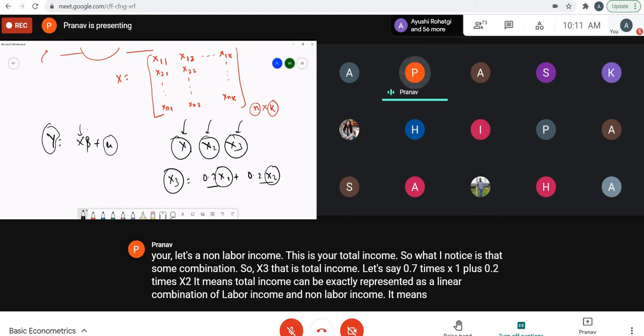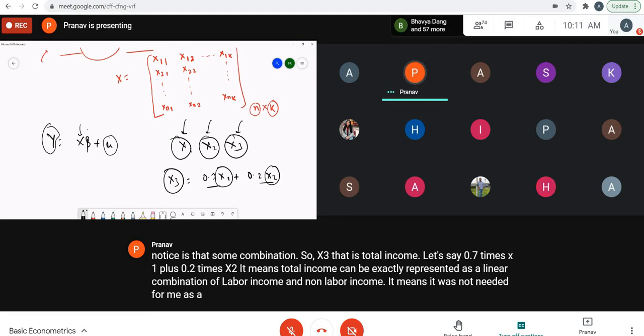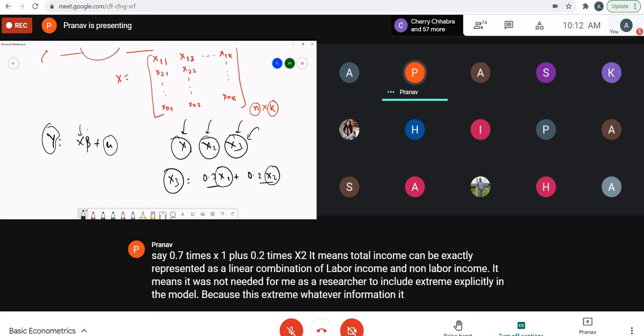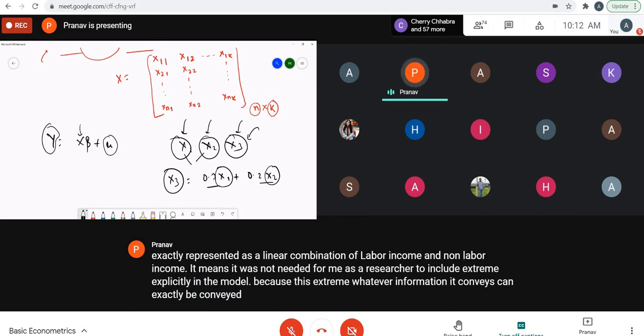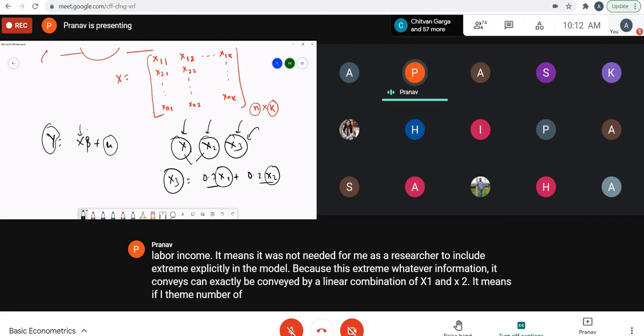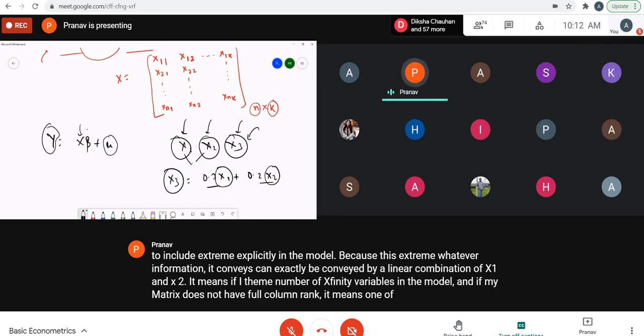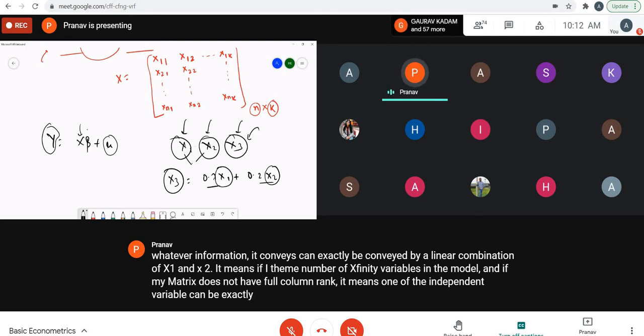It means it was not needed for me as a researcher to include x3 explicitly in the model. Because whatever information x3 conveys can exactly be conveyed by a linear combination of x1 and x2. It means if I have 3 explanatory variables in the model, and if my matrix does not have full column rank, it means one of the independent variables can be exactly written as a linear combination of the other 2 variables in the model.